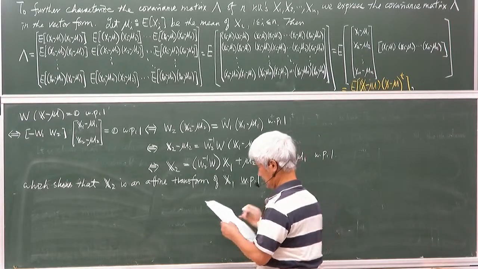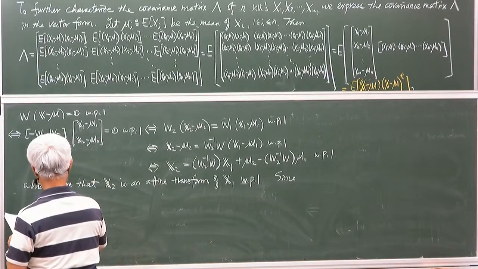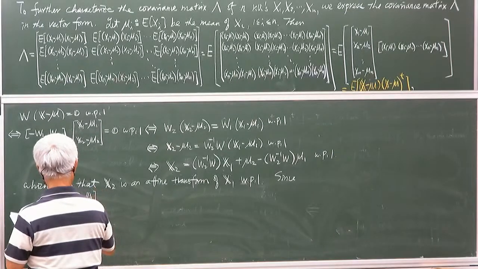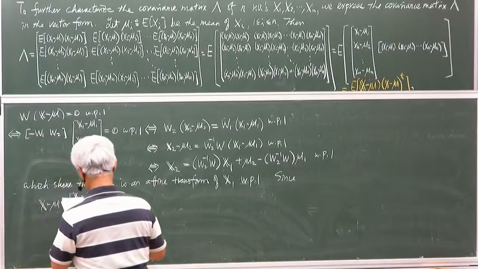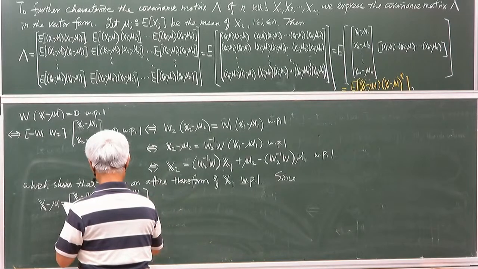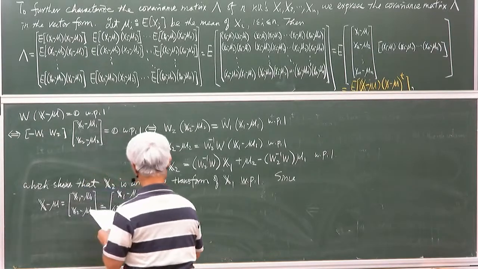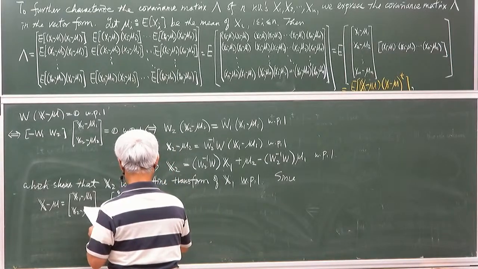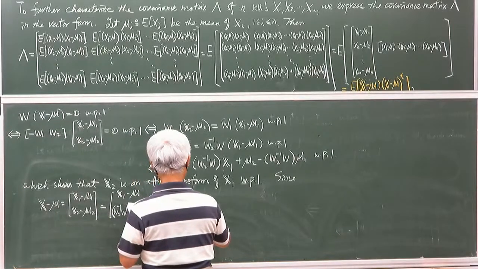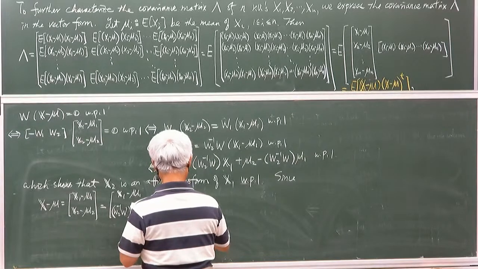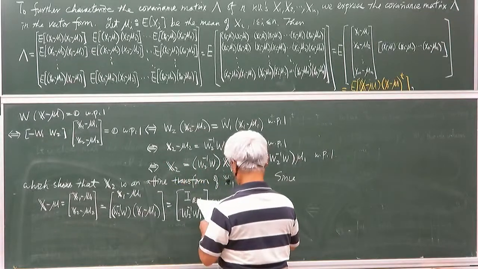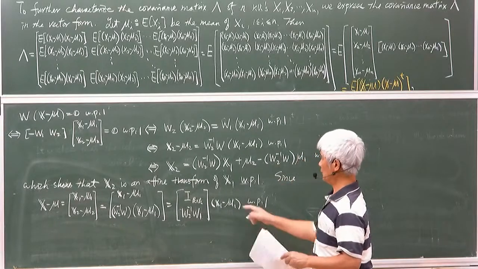And so since the original one, this is K times K, with probability 1.